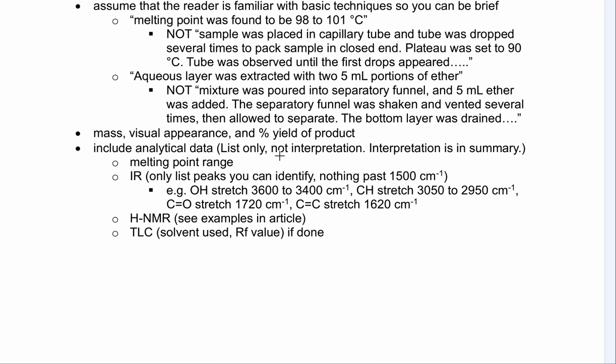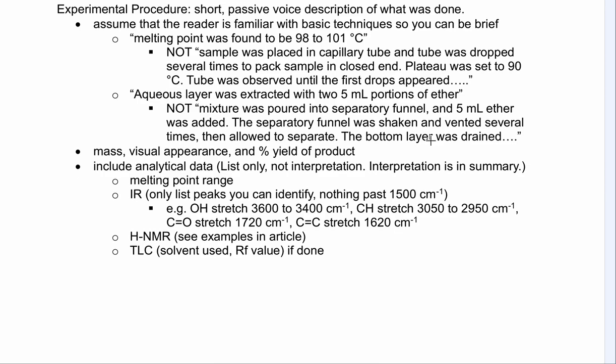And then the interpretation of why the analytical data showed you the product is pure would be done more in the body, in the summary of the article. This experimental procedure just has a list of the HNMR peaks. If you do a TLC, sometimes people include that data in the experimental. The article I showed you did not have that, but that is something that can be included.